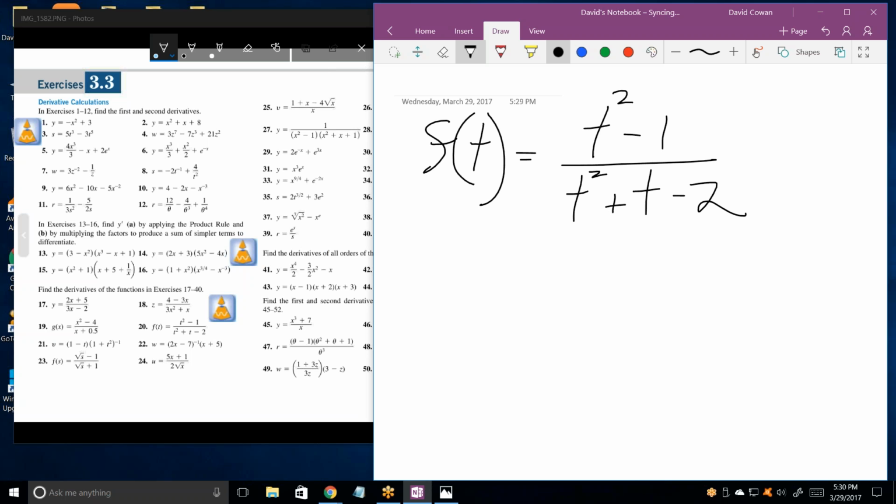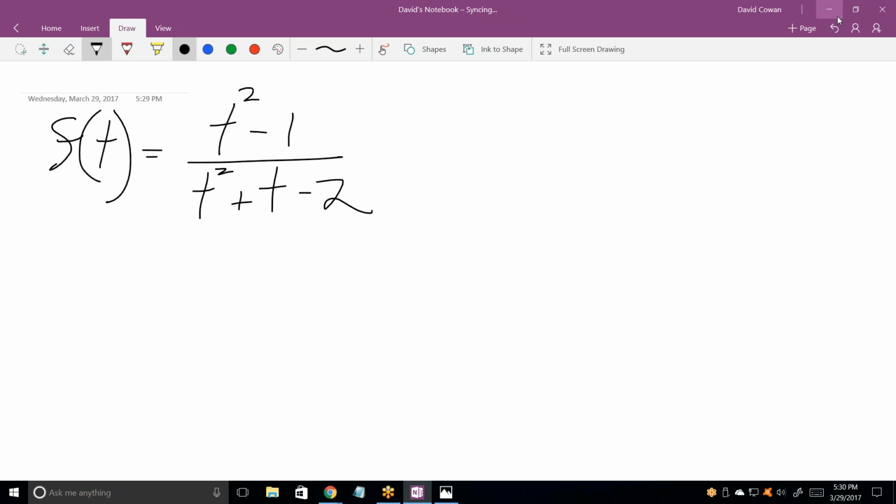Can I do anything to this before plowing in with the quotient rule? I could. If I apply the quotient rule to this, I'll come up with the derivative. But you'll notice that there's something else I can do first. What is that called? Difference of squares.